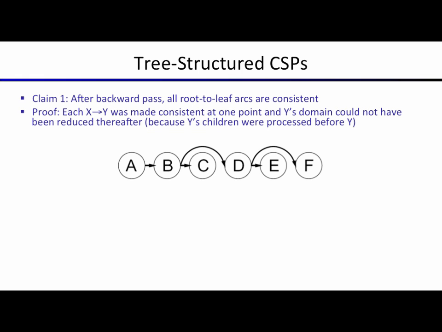Well, it's true because this is a tree and we're exploiting this, every node will have one parent. So as you go through this tree from the leaf, let's pick an arc. Let's say I look at this arc. If I make this arc consistent, I'm going to do it by removing from the tail. And all the next arcs that I'm going to be looking at never touch the head again.